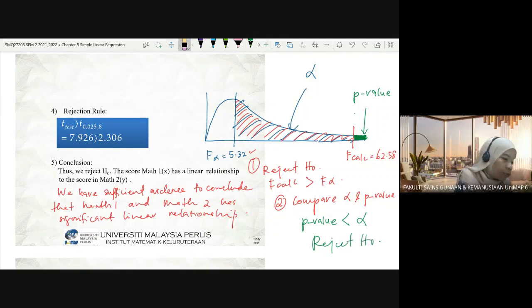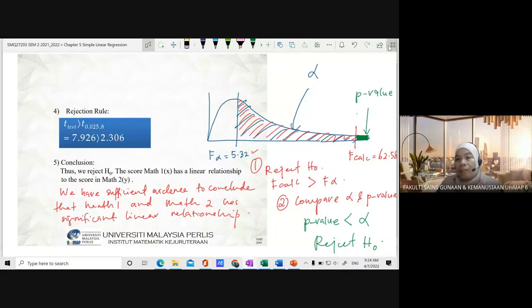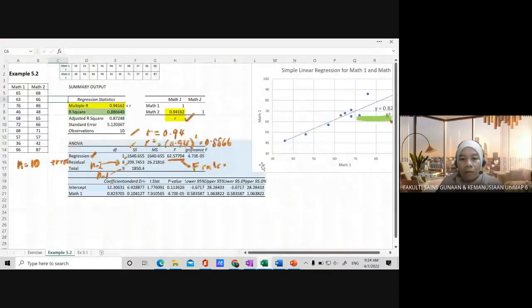Okay, it's as simple as that. You can use either the significance value or the F alpha and F calculated.